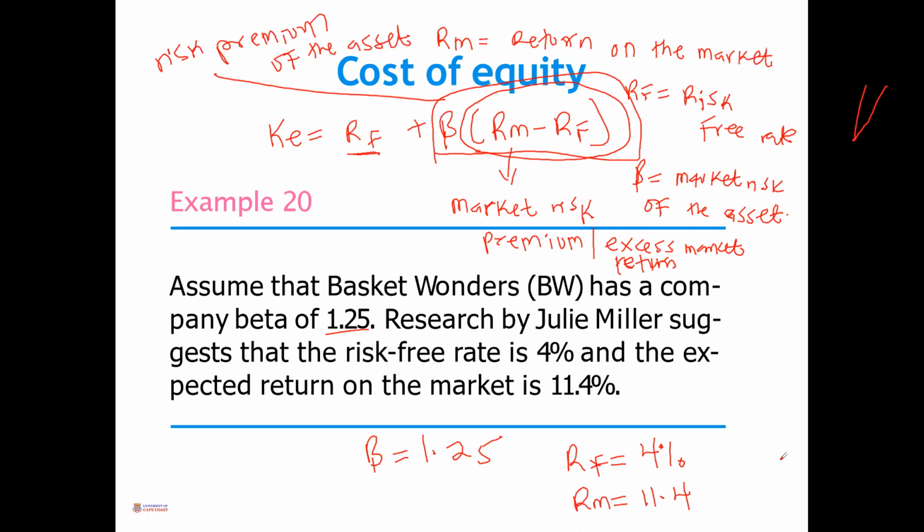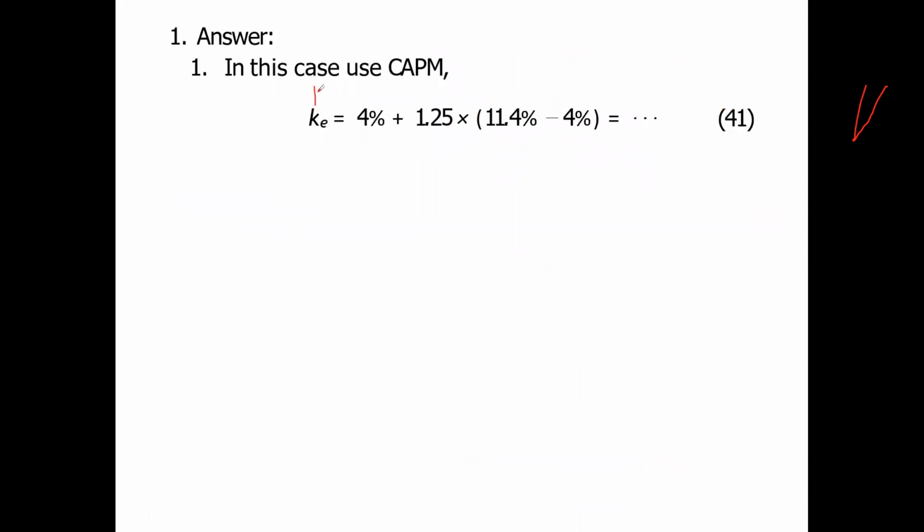We should find the cost of equity. So there's the formula. Cost of equity is risk-free plus beta into brackets return on the market minus risk-free.